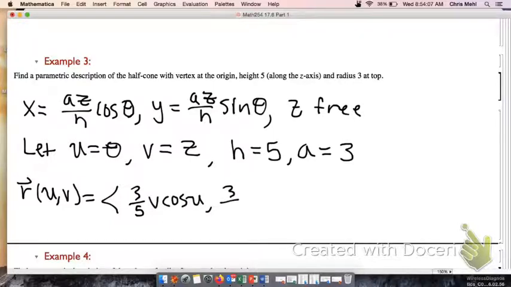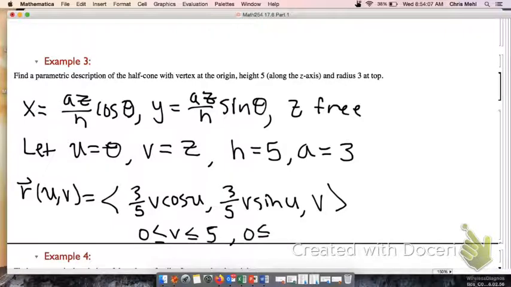The second component is 3/5 v sine u, and the third component is just allowed to be free. That's just going to be my z, or my v coordinate, and v goes from 0 to 5, and theta goes from 0 to 2 pi. Okay, so I'll go ahead and plot that with Mathematica.